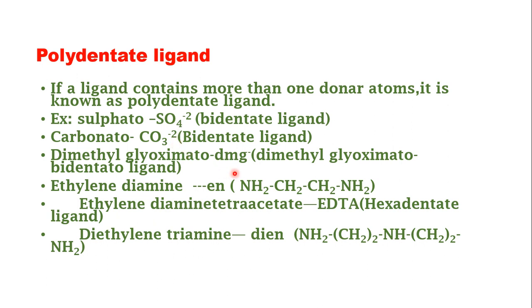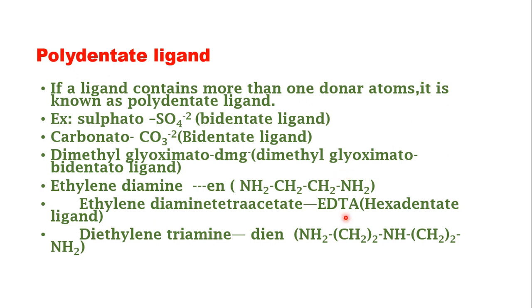Then you have DMG, dimethyl glyoxymato, which is also a bidentate ligand. Then you have ethylene diamine, NH2, CH2, CH2, NH2, where the two nitrogen centers can donate its lone pair of electrons to the metal center.